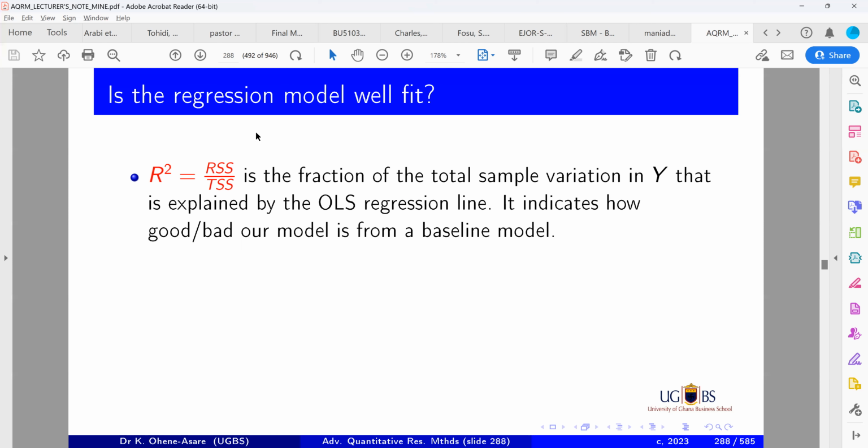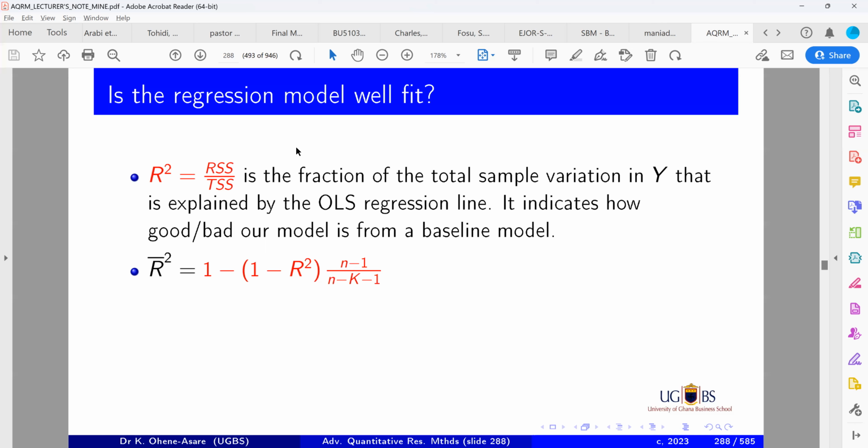How much explanatory power? So the R-square is a very important measure of reliability or the fitness of the regression model. There is even the adjusted R square, which penalizes you for including irrelevant variables in the R square.